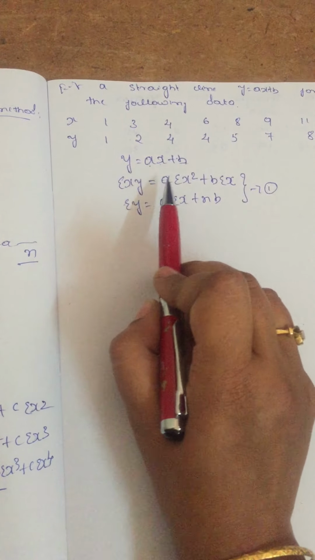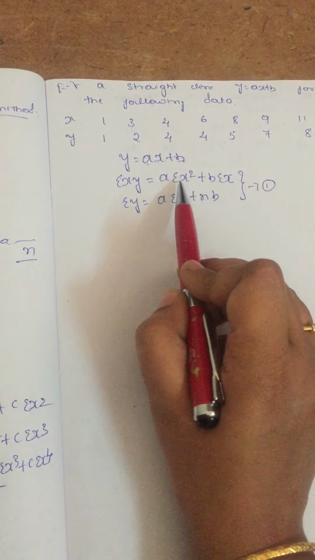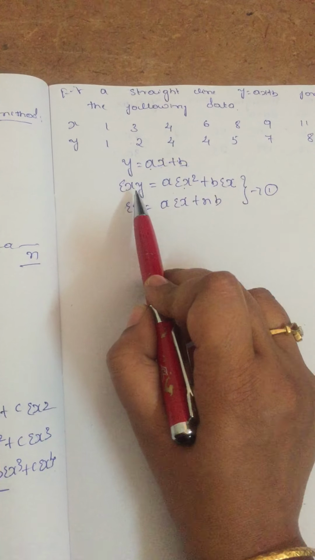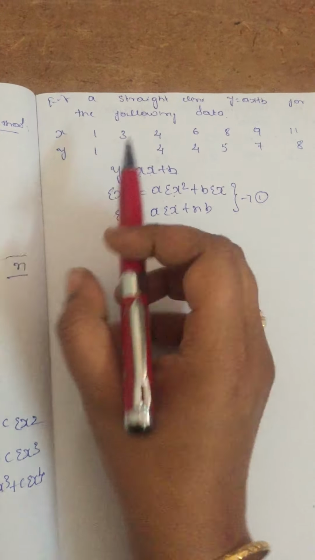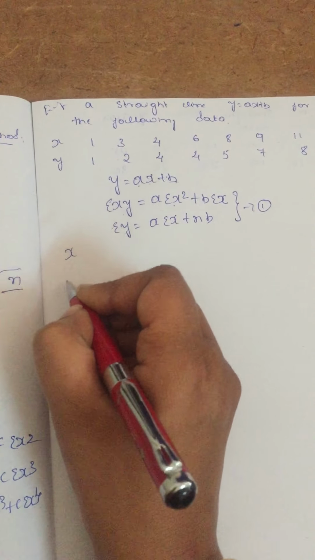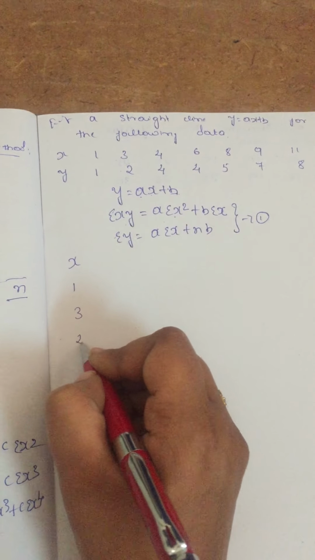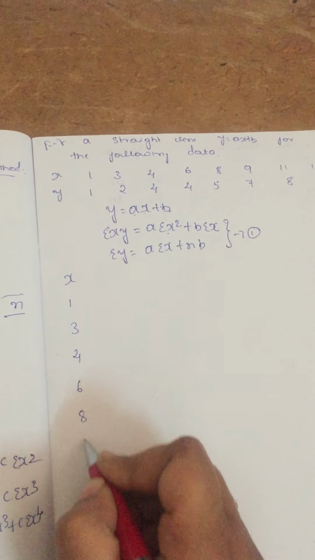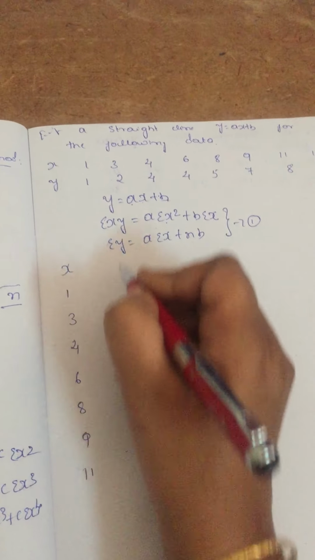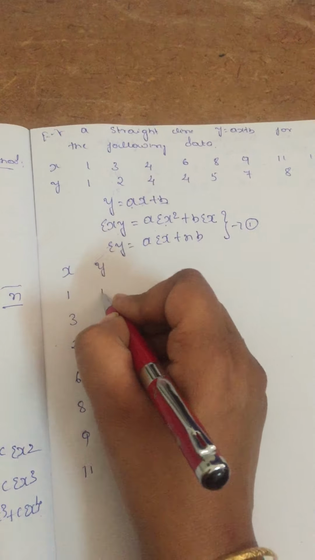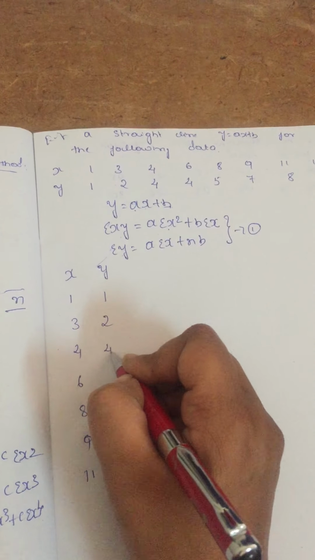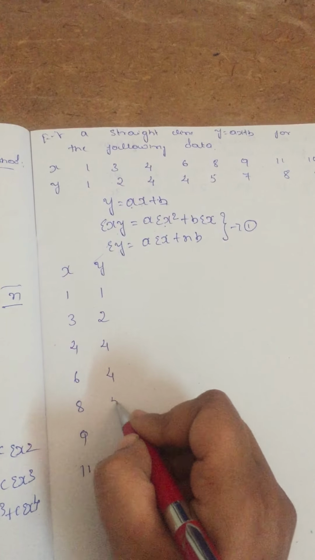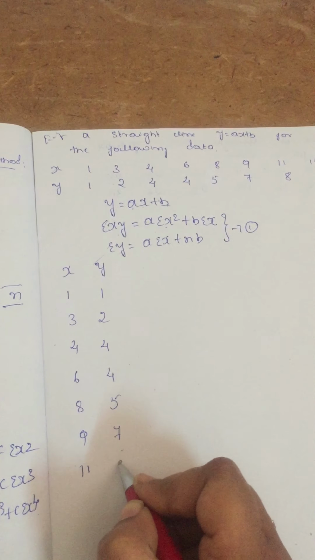Now using the data, first find summation x, summation x square, summation y and also summation xy. So write down the given x values 1, 3, 4, 6, 8, 9, 11, and the corresponding y values 1, 2, 4, 4, 5, 7, 8.